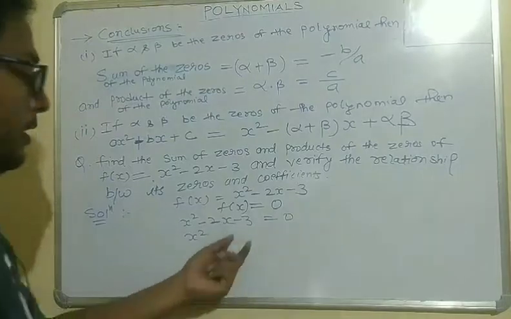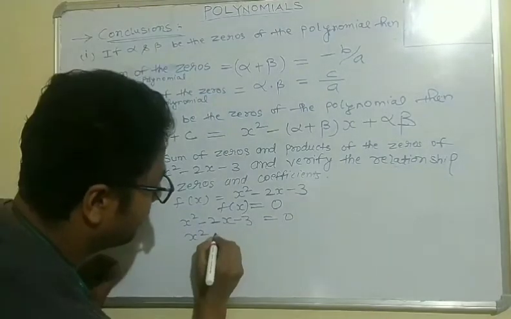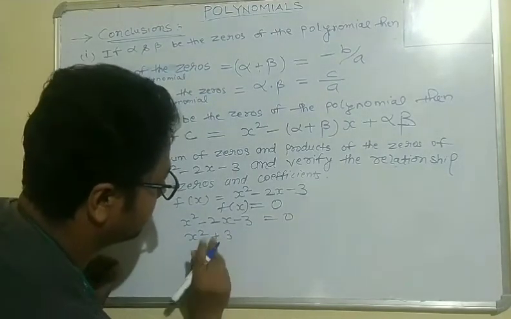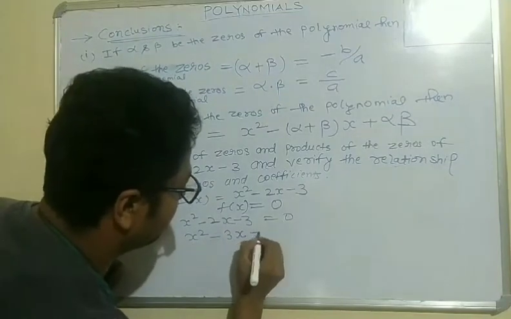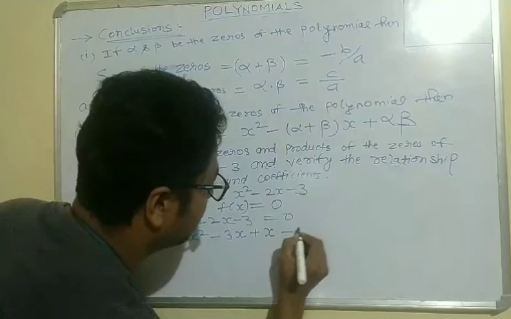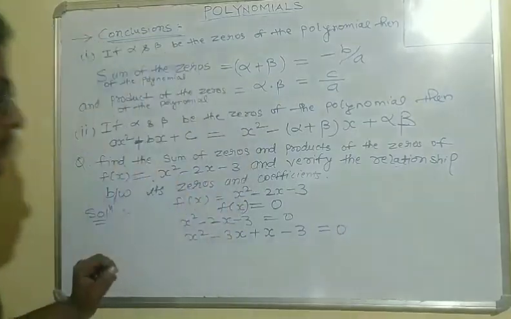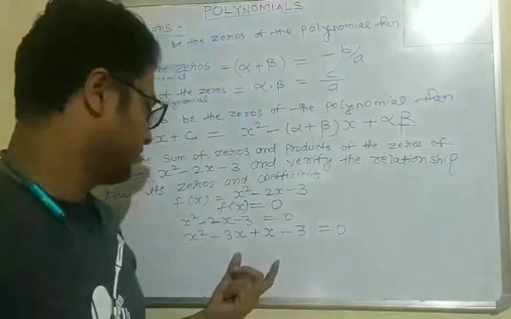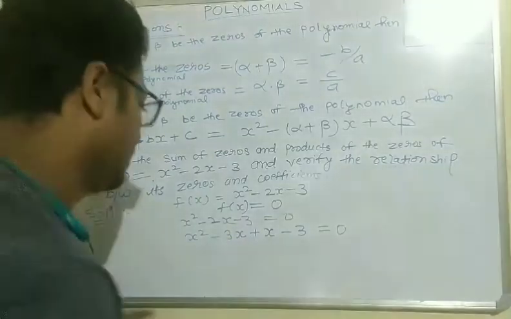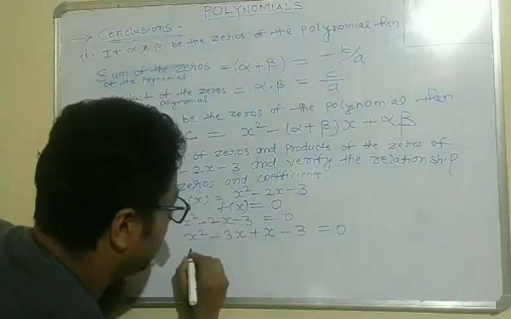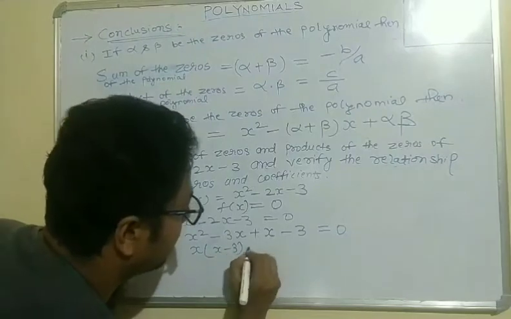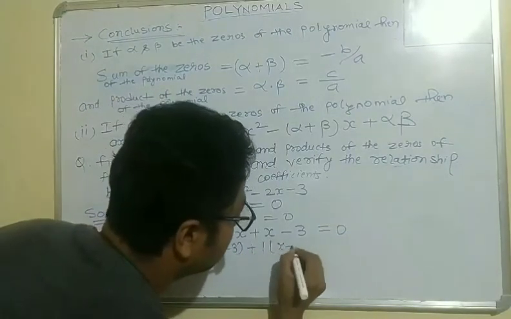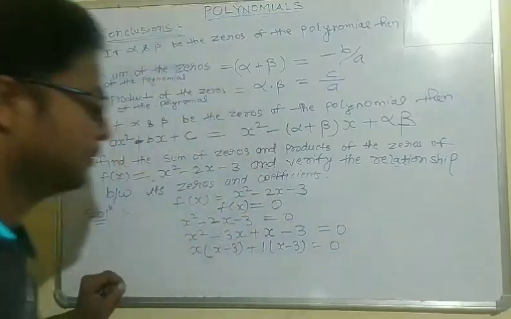The middle term can be written as plus x minus 3x. There will be no change in the value, and now I am factorizing it. x is common: x(x plus 1) minus 3(x plus 1) equal to 0.